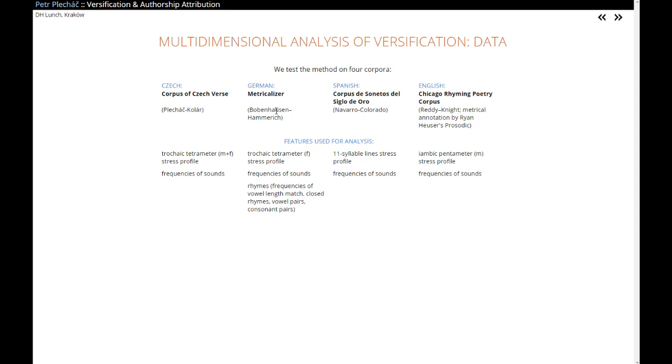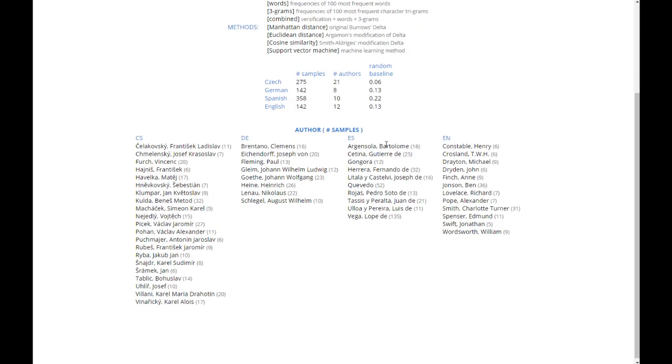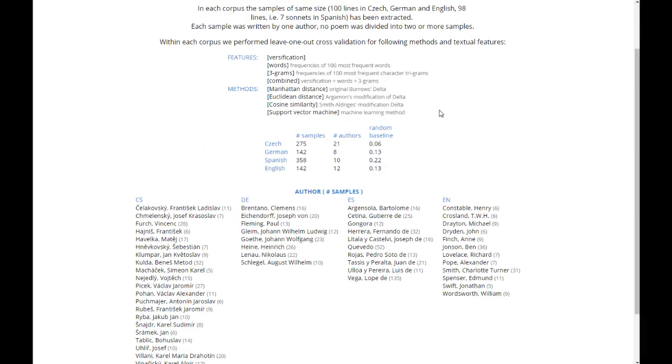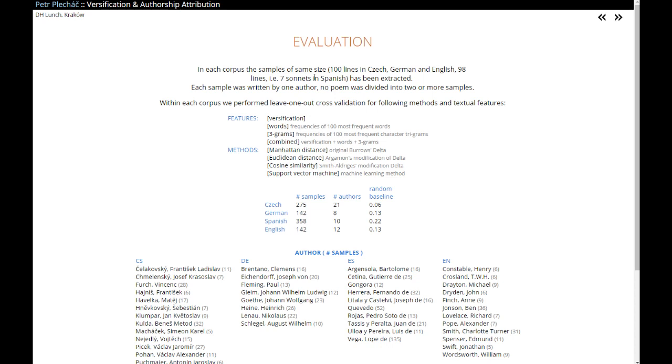So these were the sizes of the corpora from which these samples were grabbed, and this is a description of the samples and the authors, where each sample is 100 lines or 98 lines long.